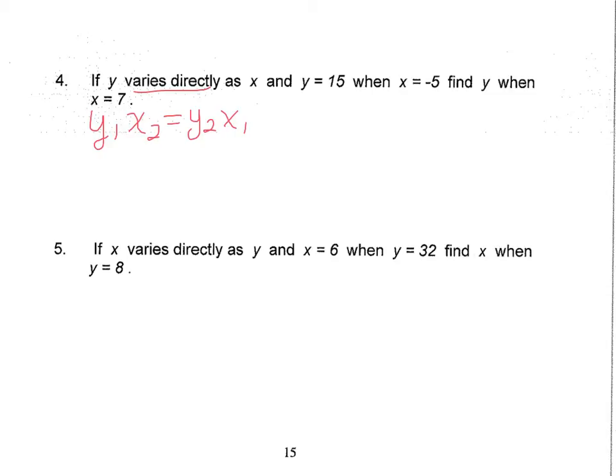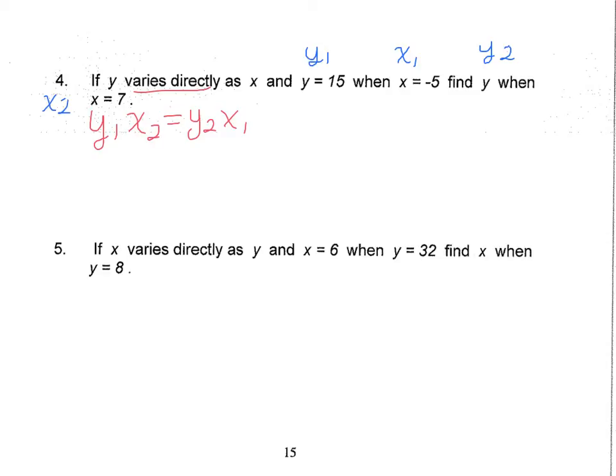Y equals 15 is my first y value, so we'll label him as y1. X equals negative 5 is my first x value, so we'll label him x1. Find the y, so he's the guy I'm looking for, so he has to be y2. When x is 7, so he has to be x2. Now that we know who is who, let's actually plug them in our formula.